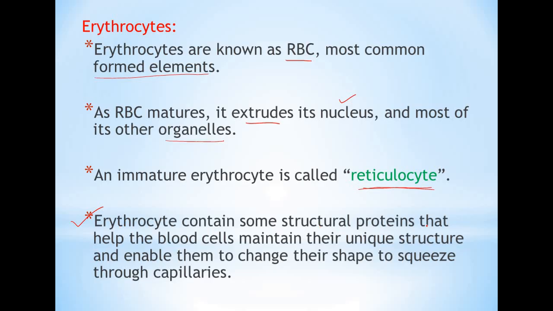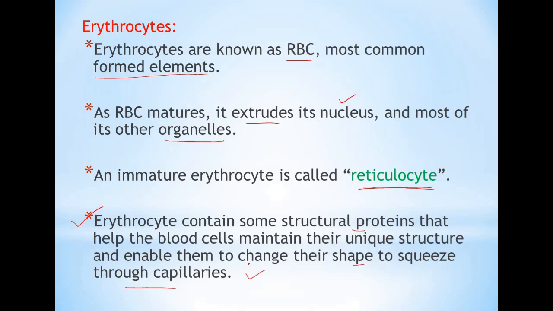Erythrocyte contains some structural proteins that help the blood cells maintain their unique structure and enable them to change their shape to squeeze through the capillaries. Erythrocyte is flexible, so when it passes through narrow blood capillaries or venules, it is squeezed to fit the diameter of the blood capillaries.